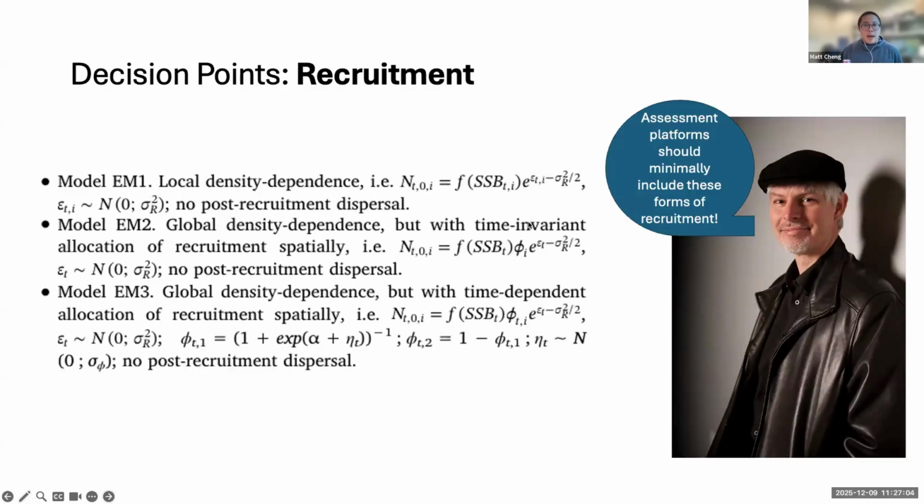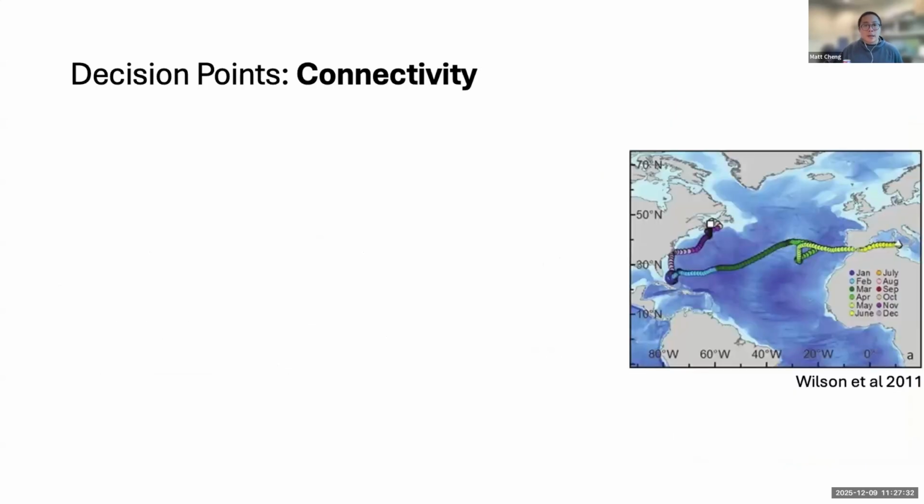We might also have global density dependence with a time invariant allocation of recruitment spatially, but then have time varying recruitment devs, and then again global density dependence with time varying recruitment apportionment, and also time varying recruitment deviations as well. So the next topic or decision point I'll talk about is connectivity and movement and how we might model that.